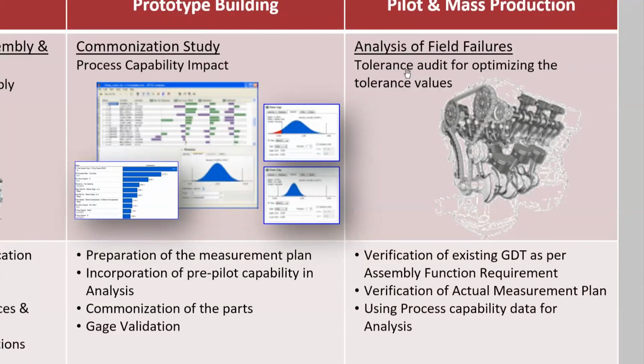So at that time, you can use CETOL to do some adjustment or improvement on the tolerances, even the nominal. I should say mean value, the manufacturing mean value. The nominal is specified on the drawing. Usually it is hard to change at this stage.